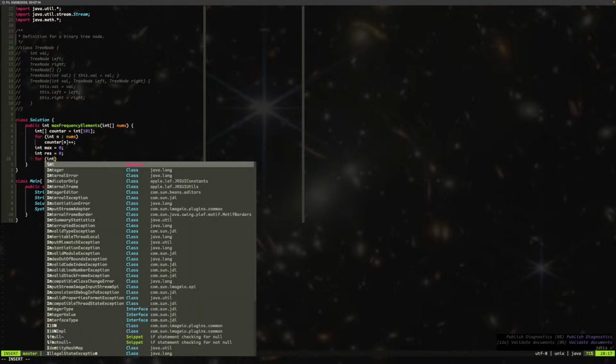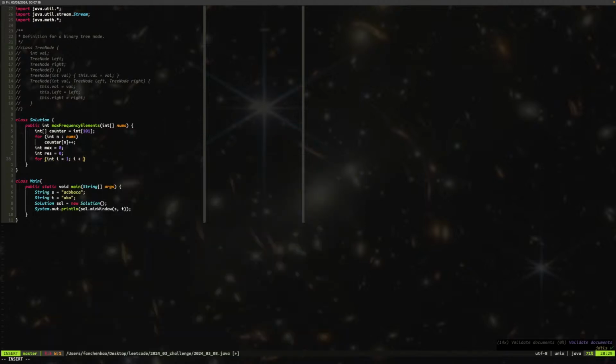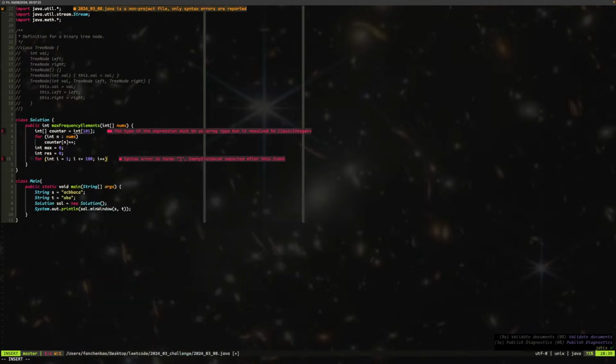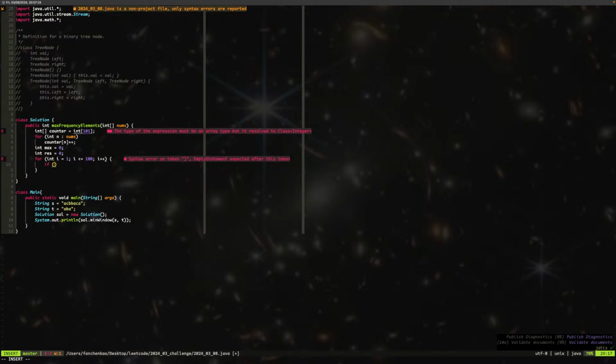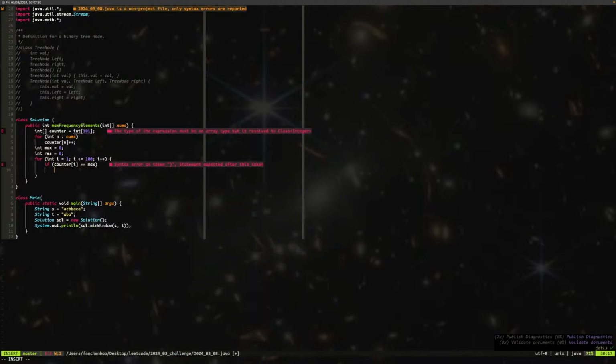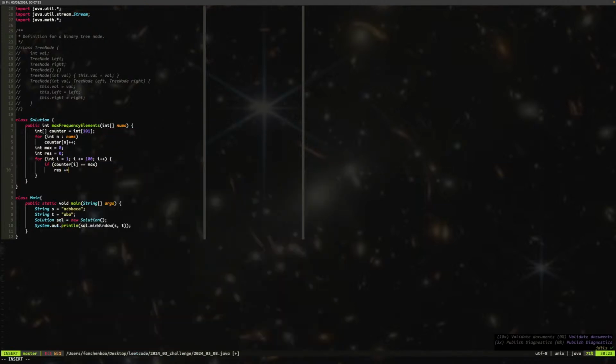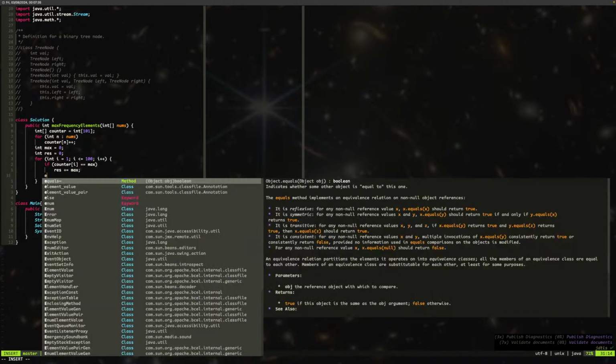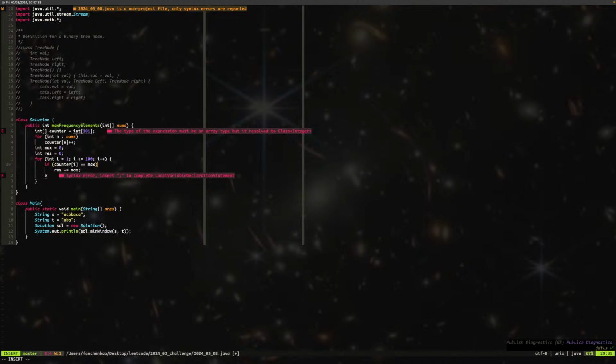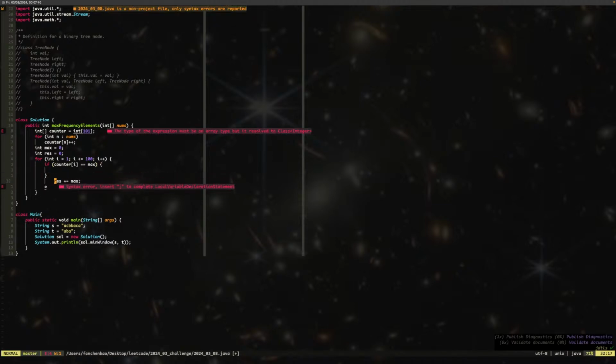For int i equal to 1, i smaller or equal to 100, i plus plus, we say if counter i is equal to max, then res plus equals max.